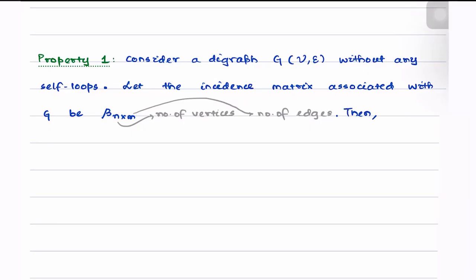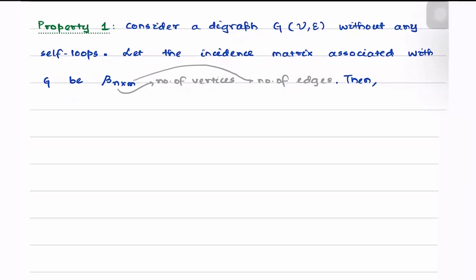Then the property that always holds is that the column sum adds up to 0. How do we add up all of the columns here? We multiply B with a row vector consisting of all ones.